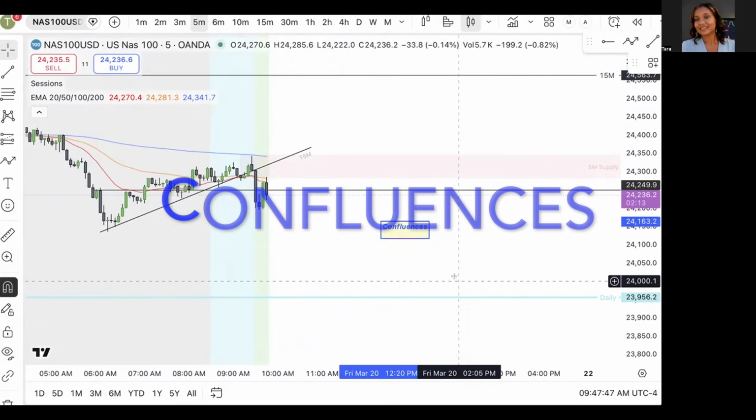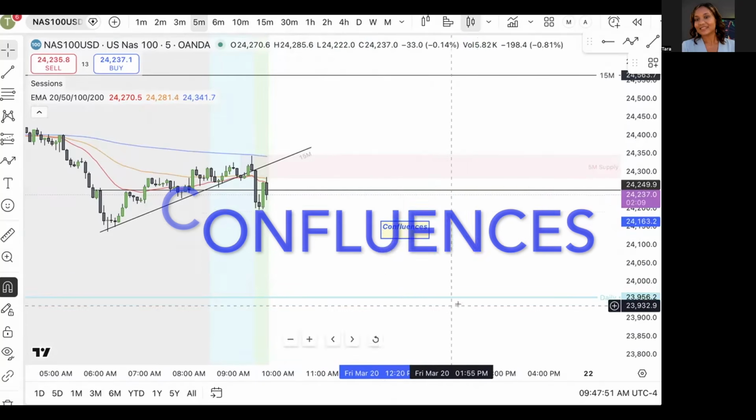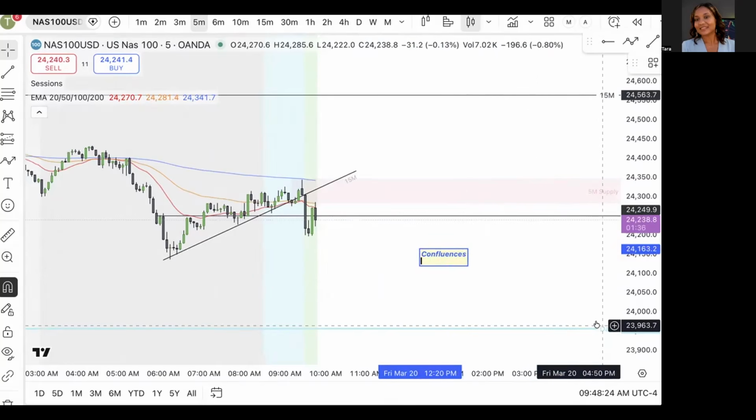So these are some of the things that we notice that support the idea that price is going to continue to the downside. And these are ideas that support our theory.